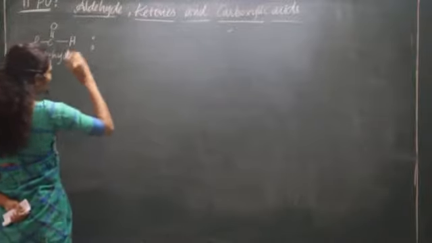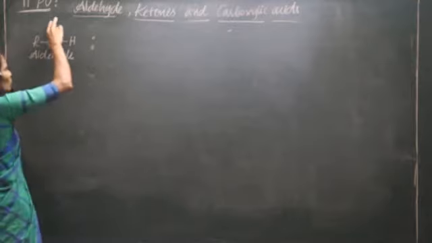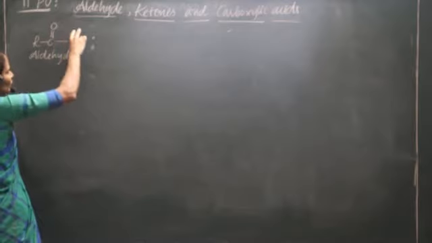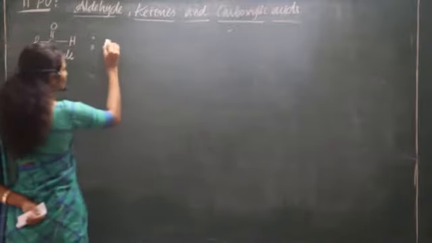What are aldehydes? Aldehydes are carbonyl compounds in which the carbonyl group is bonded to a hydrogen atom and one carbon atom.